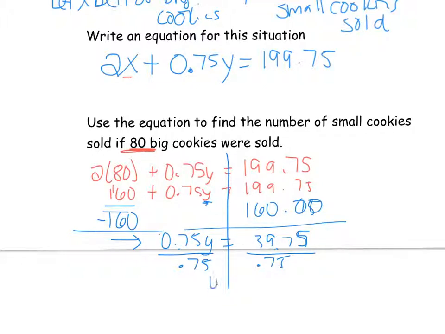Feel free to use that calculator if you don't want to do long division. When I do the division on a calculator, I come up with 53. And then we would multiply it back out. Don't forget to check your work and then answer the question.